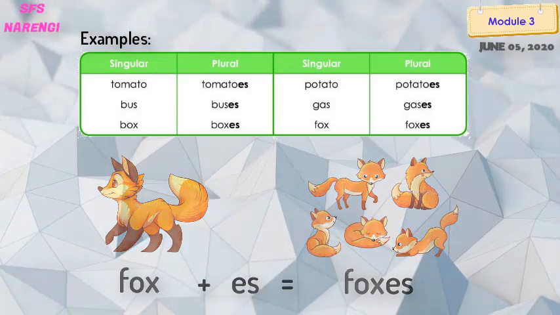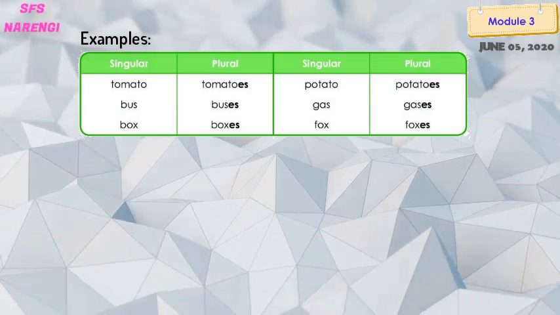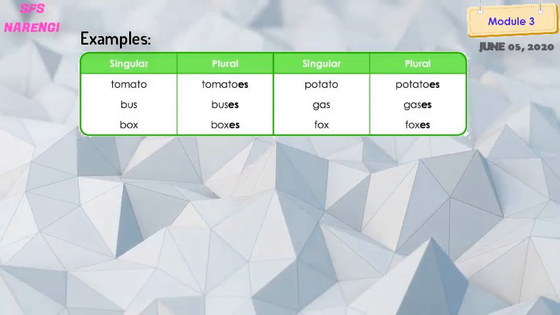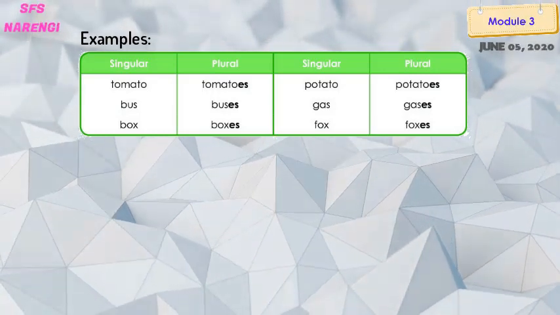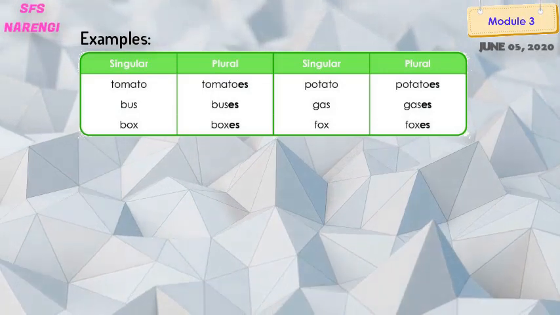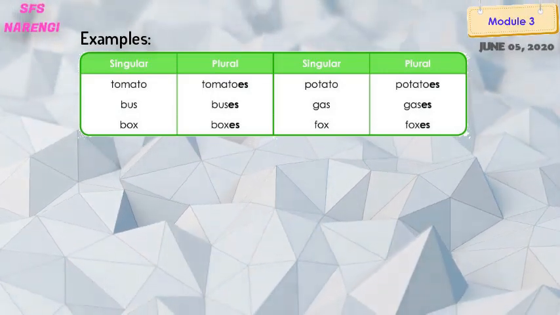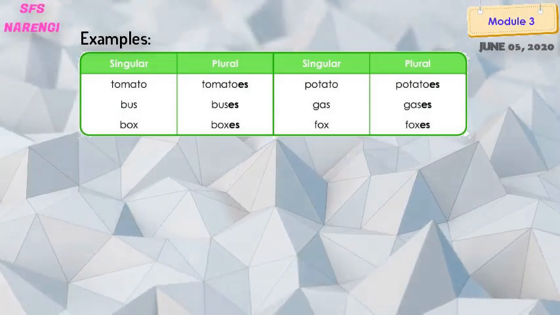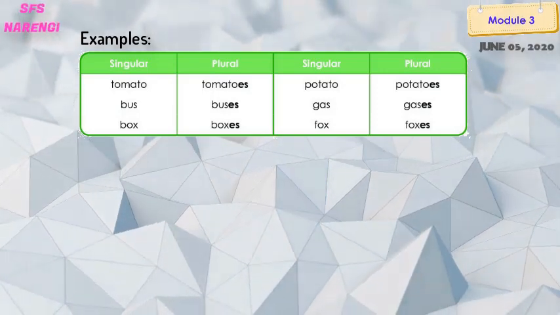So my dear students, here 6 words were given, right? And here we can see the rules very clearly. Yes, like the words that end with O, S or X, we have to add ES to form the plural form of the words given.